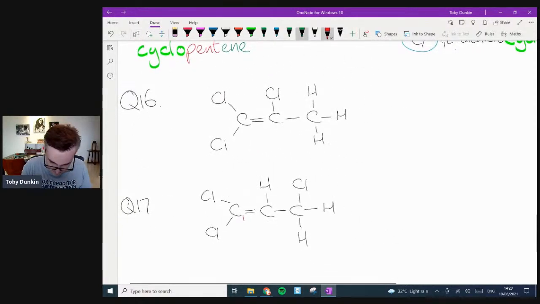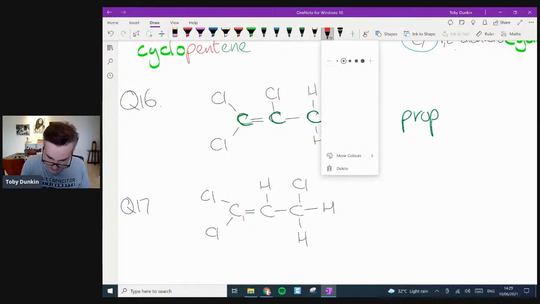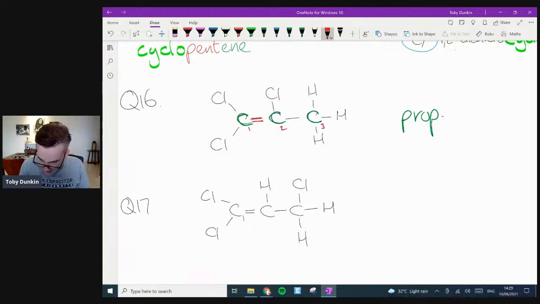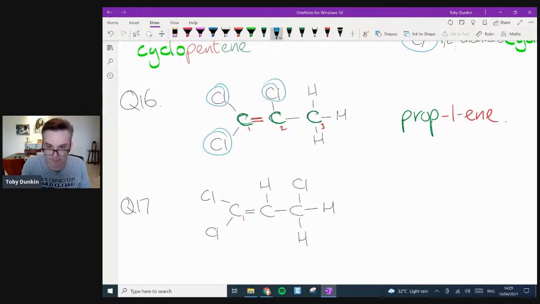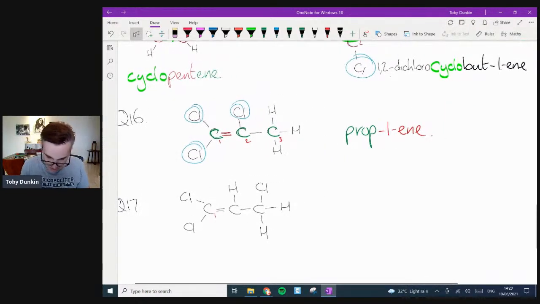So this one, first thing to do, longest chain. 1, 2, 3. It's based on prop. Number 2, it's got a double bond between carbons 1 and 2. That's prop-1-ene. Right, next, my attachments: 1, 2, 3 of the same. So I'm now going to have trichloro.